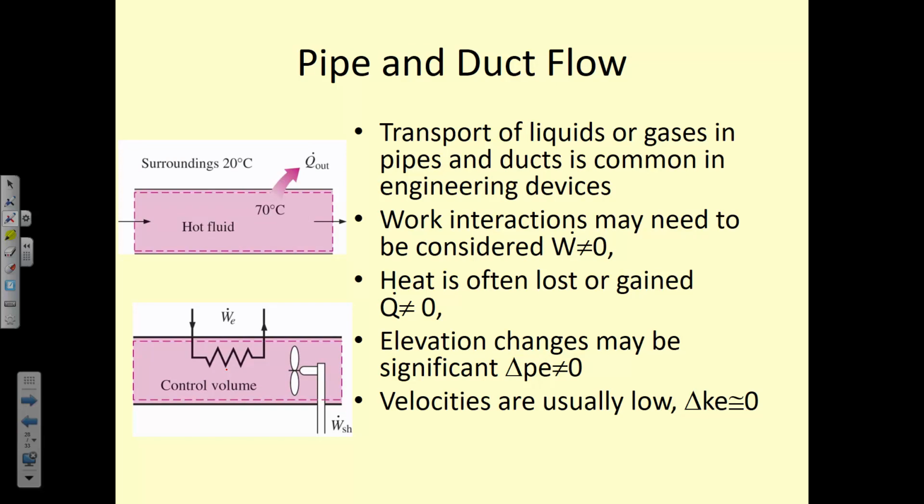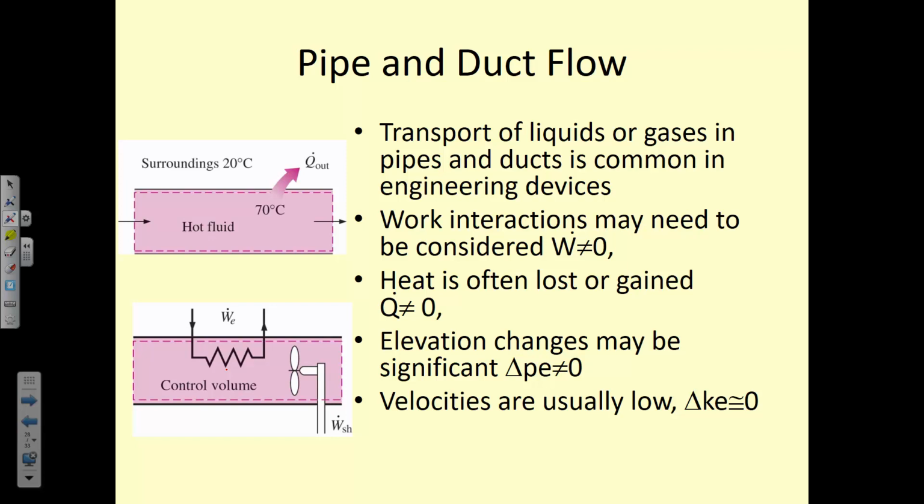And then pipes is just fluid flowing through a pipe. Sometimes we have heat transfer. Sometimes we have work. It just depends on what the system is as it is given. Okay, so those are all the different types of steady flow engineering devices you might encounter. But the basic procedure for analyzing all of those is the same.